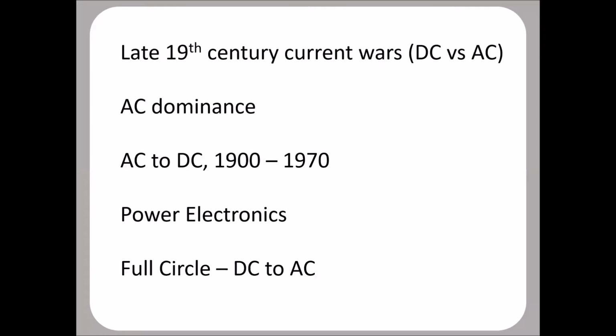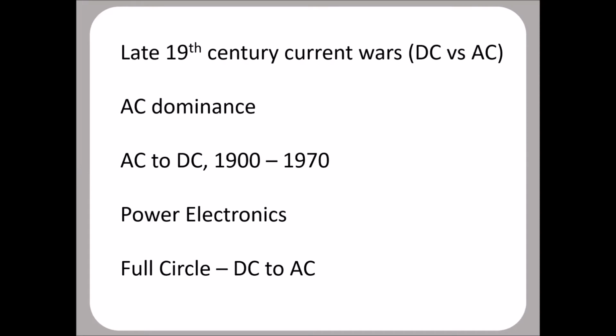I'm going to briefly touch on the battle that took place at the end of the 19th century between AC and DC systems, which eventually were settled in favour of AC. I'm going to look at why AC is dominant, and then I'll look at how AC was converted to DC for many applications that needed it in the power levels, high power, for about the first 70 years.